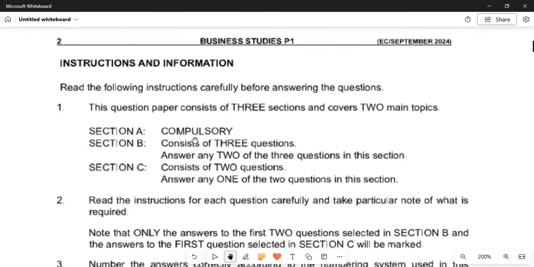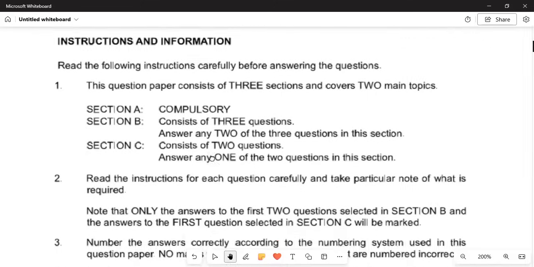Section A is compulsory, so it's a must for you to attempt that section. Section B consists of three questions. You are to answer any 2 of the 3 questions in this section. Section C consists of 2 questions. You are to answer 1 of those 2 questions.